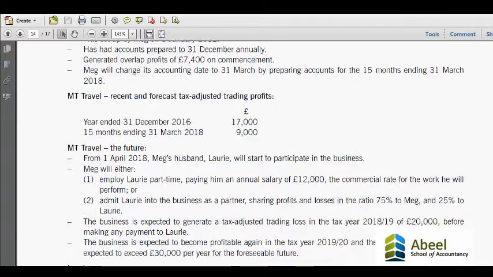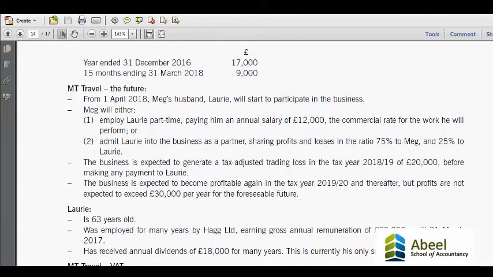MD Travel in the future: from 1st April 2018, Meg's husband Laurie will start to participate in the business. Employ Laurie part-time paying an annual salary of 12,000, the commercial rate for the work he will perform. If Laurie works as an employee, then the 12,000 salary will be deductible. If Laurie works as a partner, then that 12,000 is not deductible.